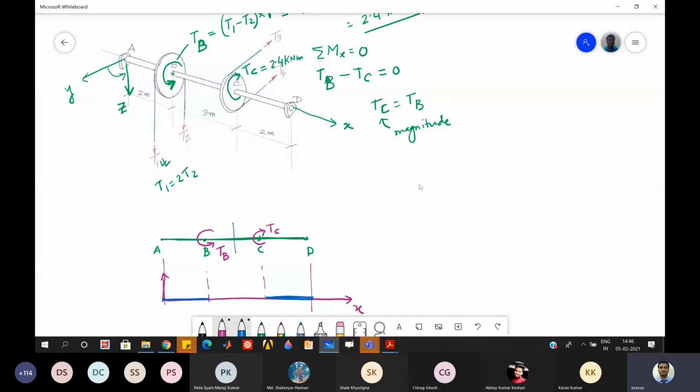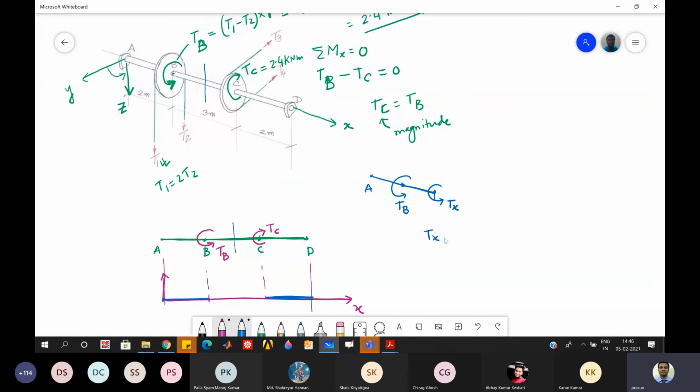Yes, it will be negative, because if I cut here, I have a beam where this point is B with the applied torque, this is your A point, and this is the point at X. Now I show the positive Tx like this, and this is your TB applied torque.